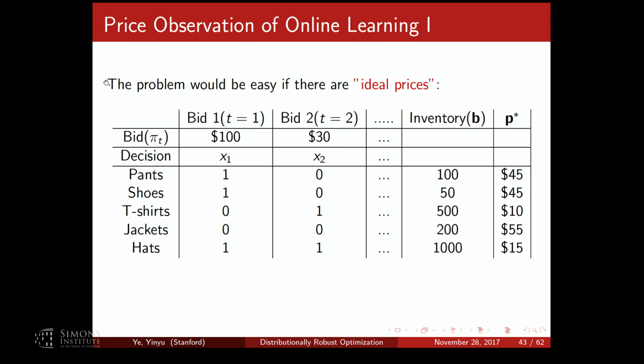The problem would be easy if there were some kind of ideal prices for each item. Let's say magically I know a very good price for each item. So when the first bidder comes, I know the itemized price.